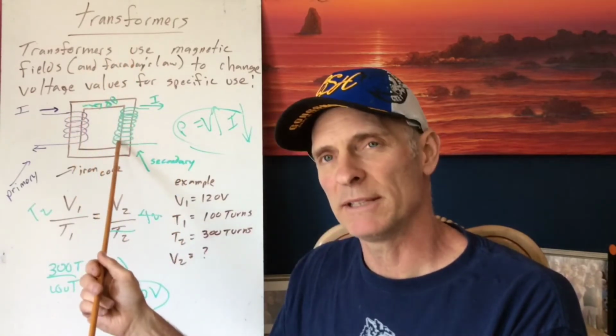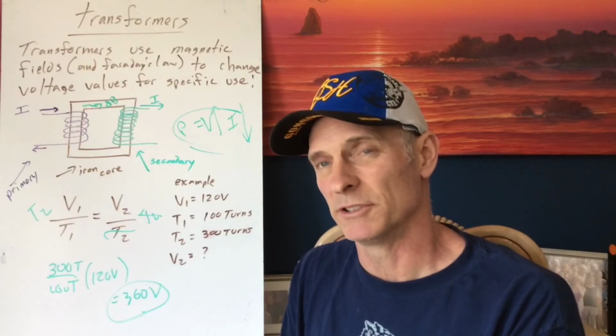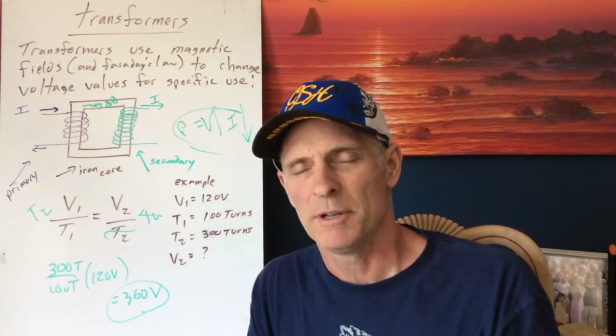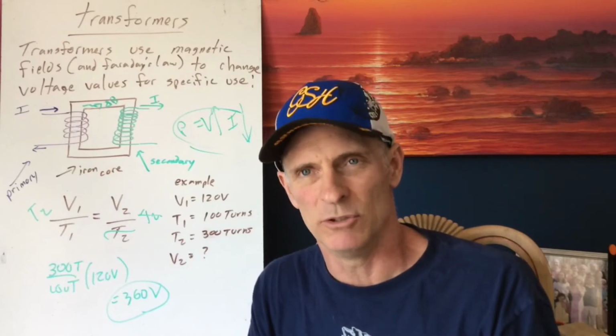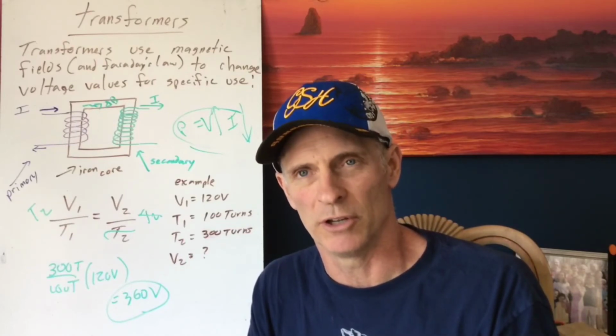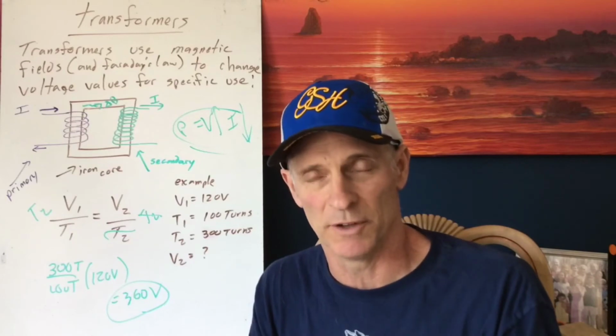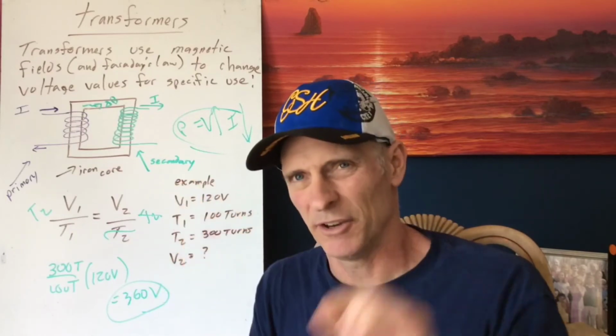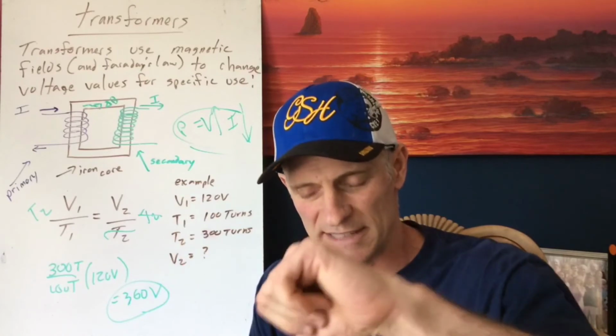A step-up transformer is one that steps up voltage, like our example here. A step-down transformer might be something that you see in your phone's charger blocks. That would be a lot of loops at the beginning and very few loops at the end, trying to step down the voltage.